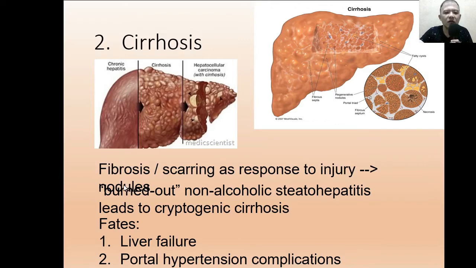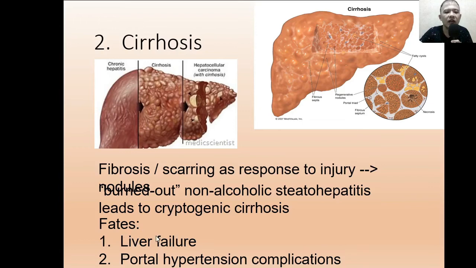Most common, more often than not, it's non-alcoholic steatohepatitis, which causes cryptogenic cirrhosis. Cryptogenic cirrhosis, again, is cirrhosis of unknown cause. So if the causative agent is unidentified, then most probably it is caused by non-alcoholic steatohepatitis.